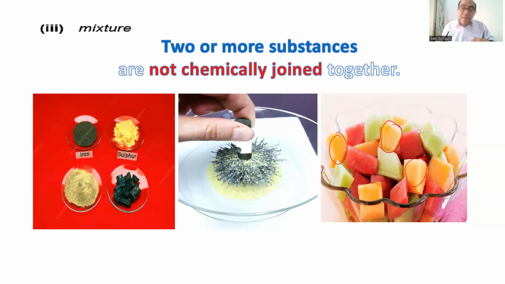A magnet can attract iron filings away from the powder of sulfur. This is a mixture: two or more substances not chemically joined together, and each substance keeps its properties, even after mixing.